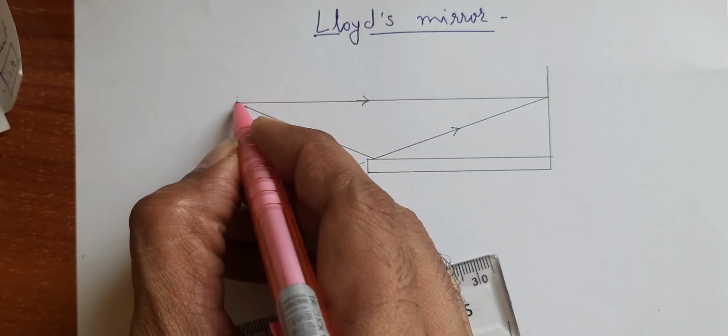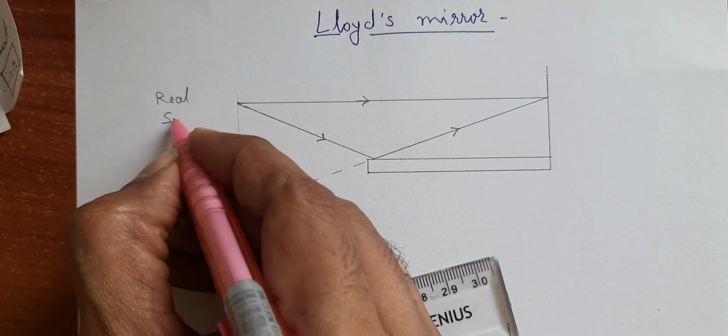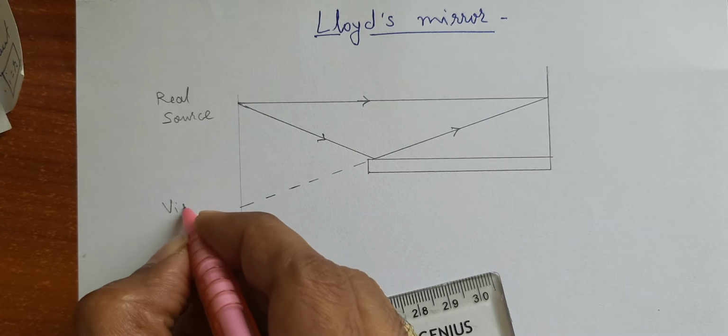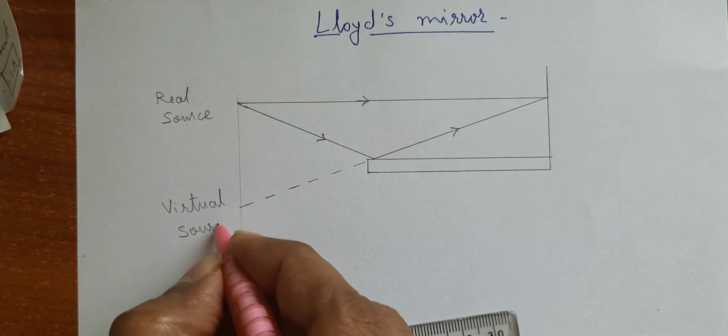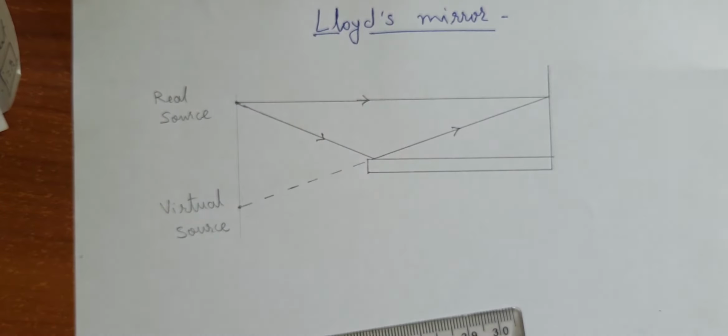So now this is the real source, and this is the virtual source. This point and this point.